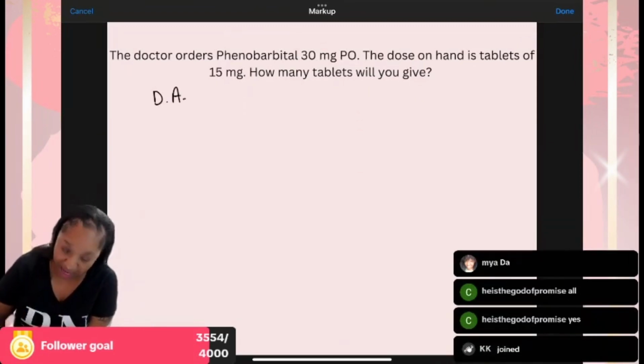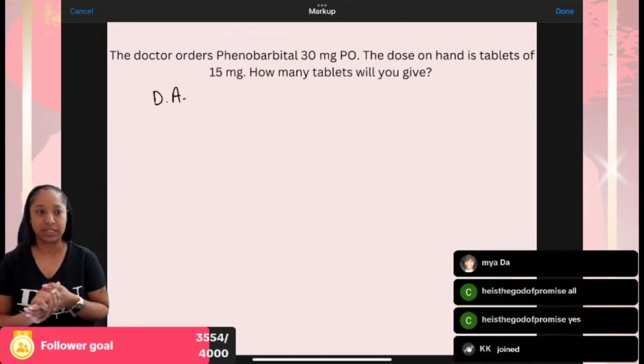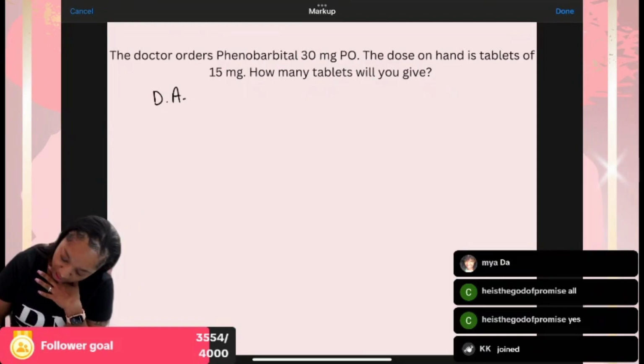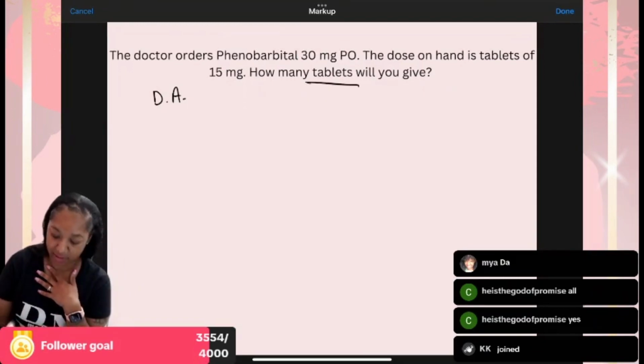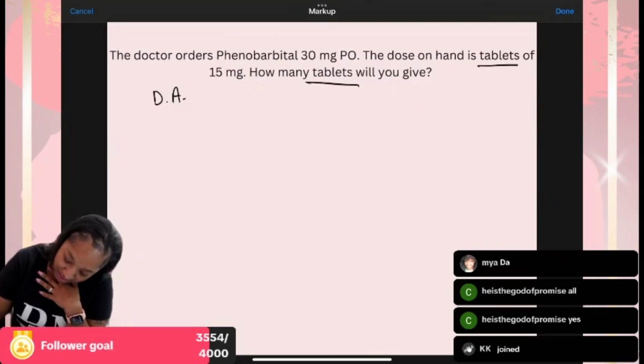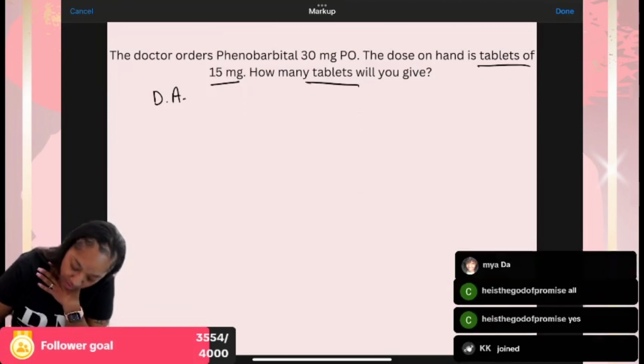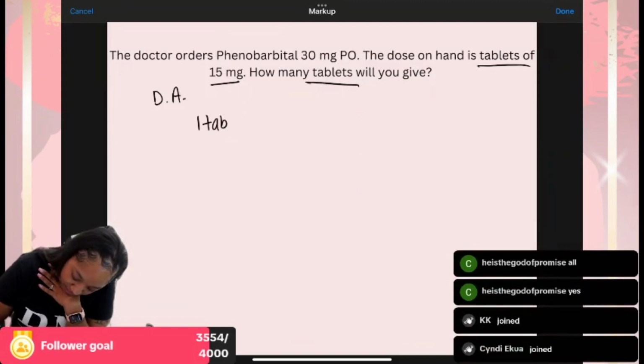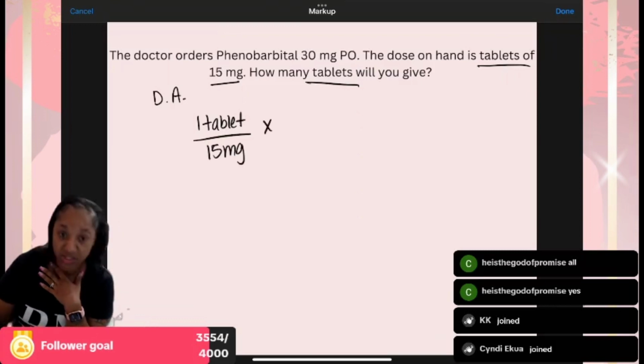All right, so like I said, with dimensional analysis, I like to start off with what I am looking for. So I'm looking for tablets. The dose on hand is tablets of 15 milligrams, so one tablet equals 15 milligrams.